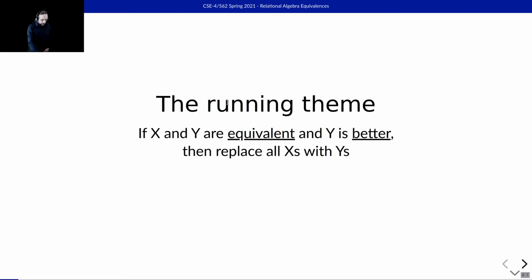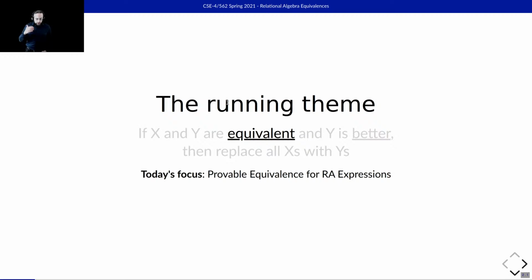Today, we're going to take another step towards using relational algebra to optimize query processing by looking at what it means for two queries, or two relational algebra expressions, to be equivalent.